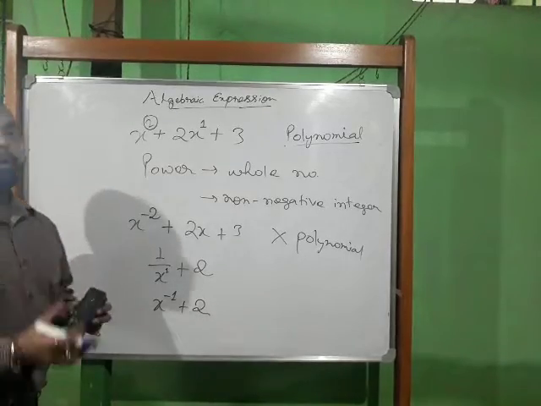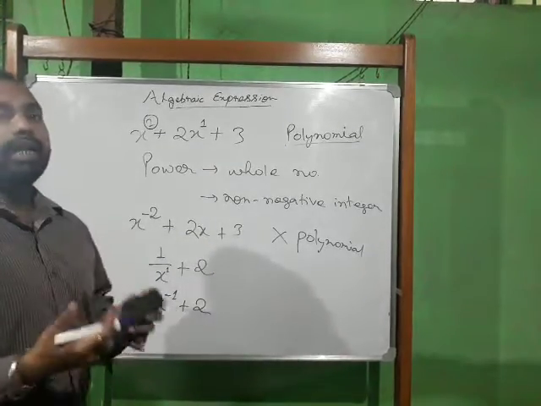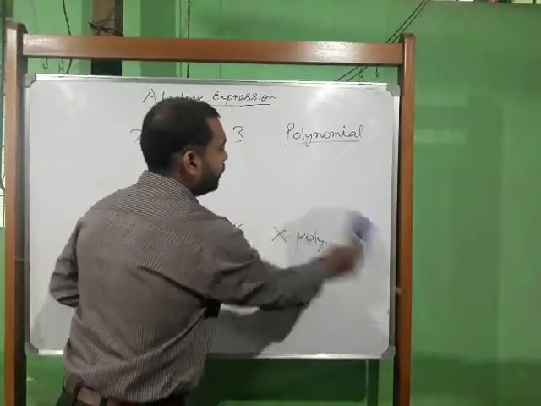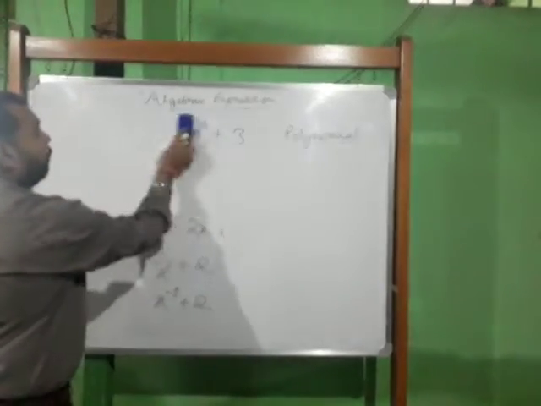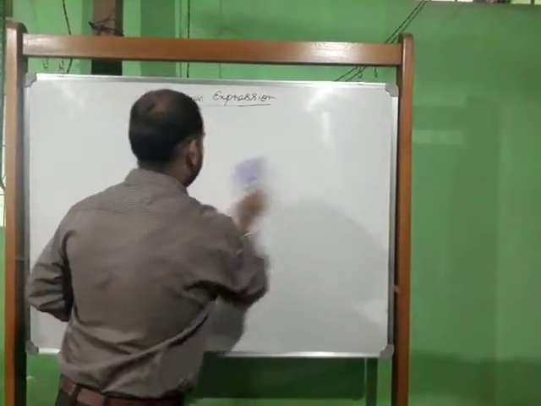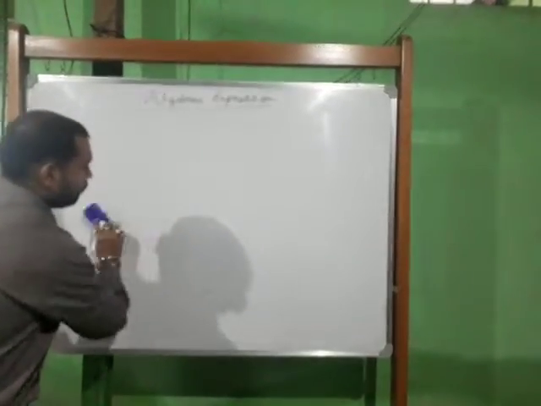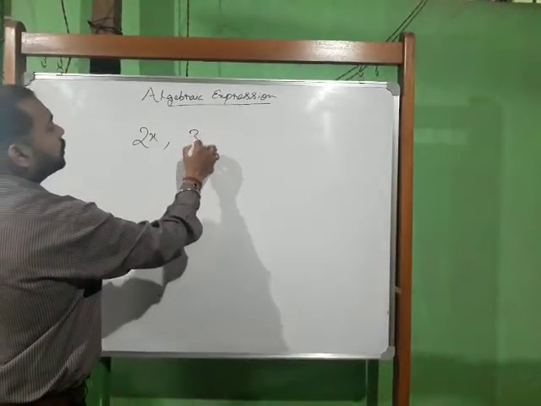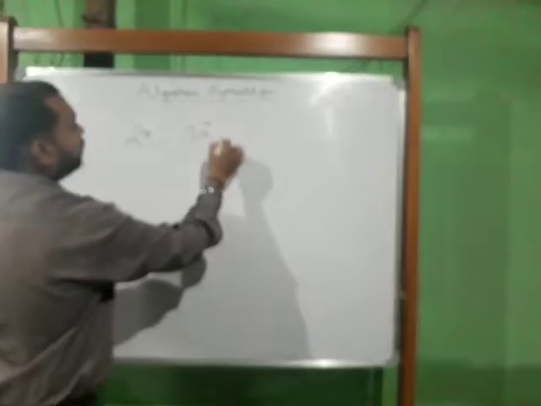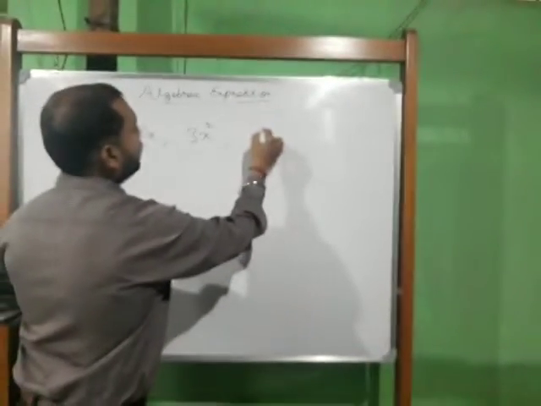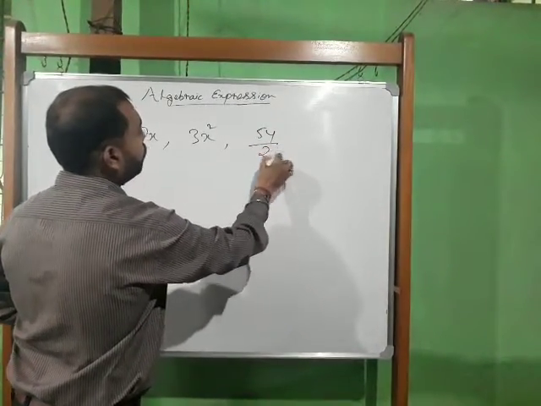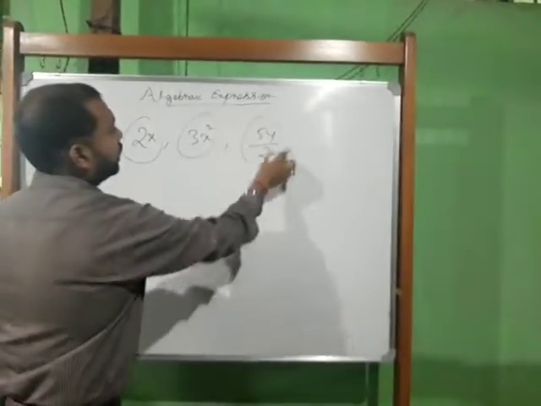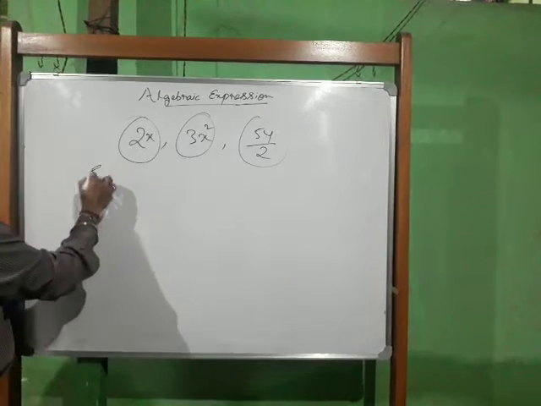Now let me talk about what is monomial, binomial and trinomial. All these are polynomial only, but what is the basic difference? Let me tell you. If I write 2x or 3x square, or maybe you can write 5y by 2, whatever. This is one single term.